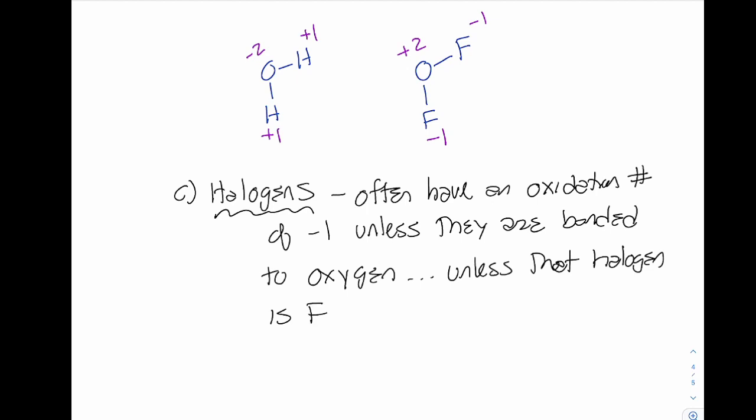So essentially we have an exception to the exception, right? Halogens usually have an oxidation number of -1 unless they're bonded to oxygen. If that halogen happens to be fluorine though, fluorine's still -1. So just basically remember fluorine will always be -1.